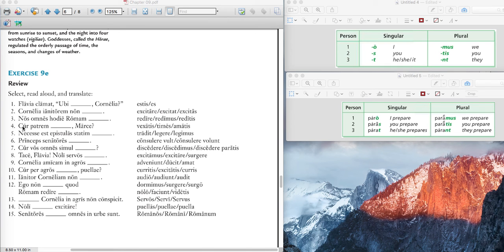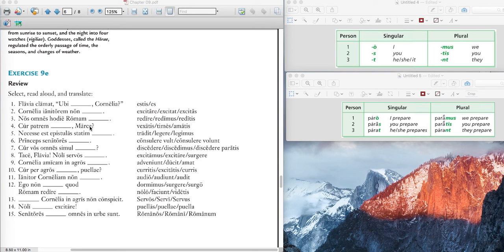Number four, cur patrem blank Marce. Now here Marce is Marcus. He's being spoken to. So it's going to be, why are you doing something, Marcus? Or why do you do something to Father, Marcus? So Marcus again is a singular you. We're talking to Marcus.